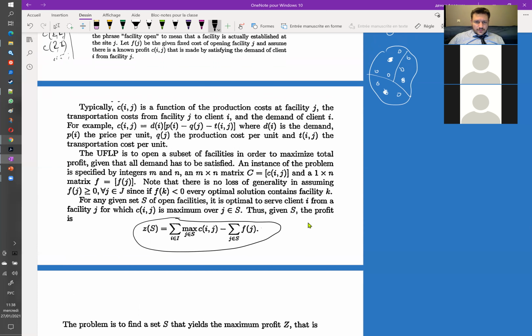So we want to minimize, I think maximize, total profit over all instances. The loss for any given client is optimal to serve, it is the maximum over that profit. No, we need max profit.